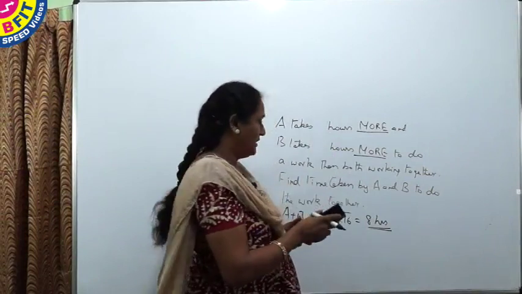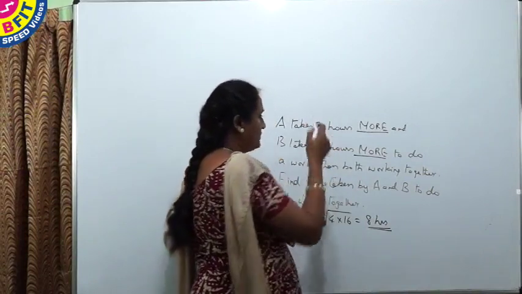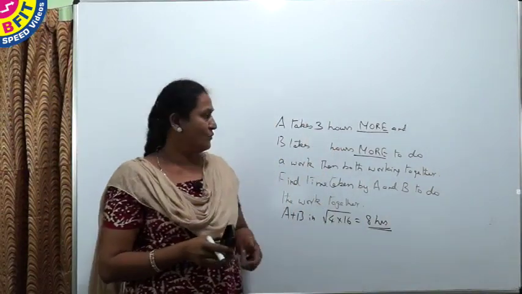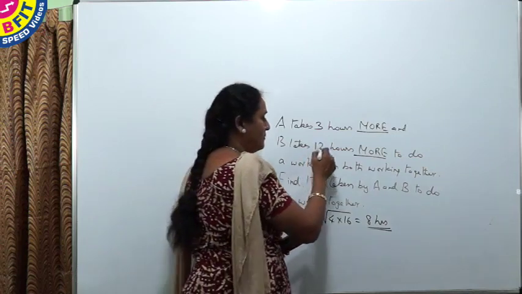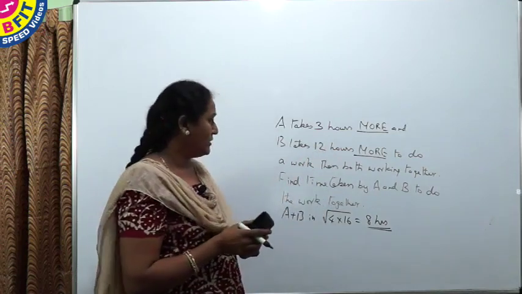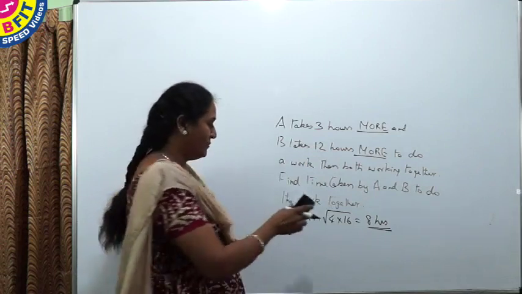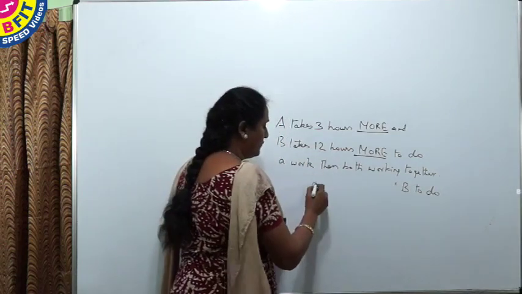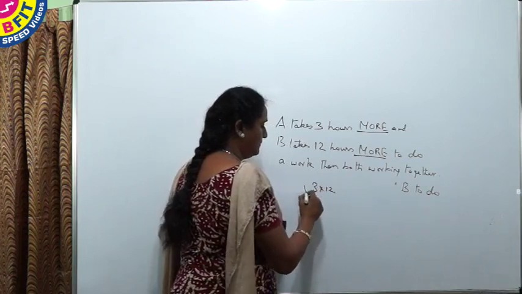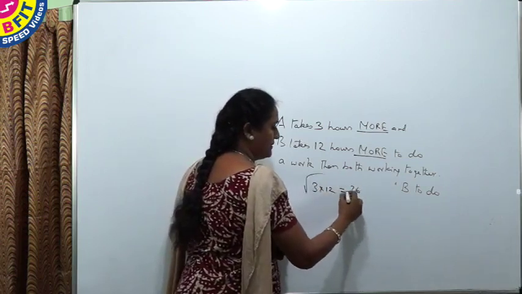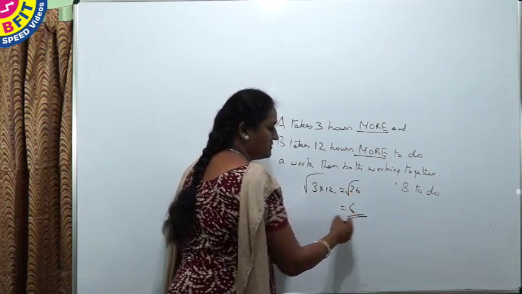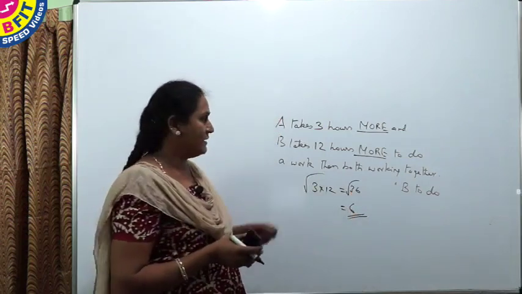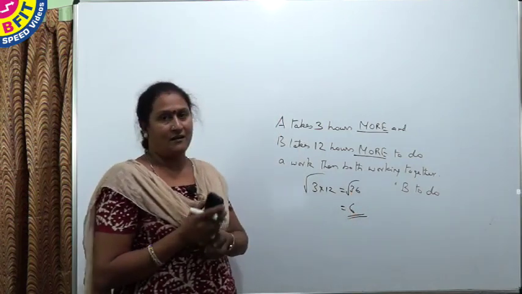Say for example, if A takes 3 hours more and B takes 12 hours more, then the time taken together will be the product of 3 and 12, which is 36, and the square root of that is 6 hours. Seeing the question, you can immediately write the answer.